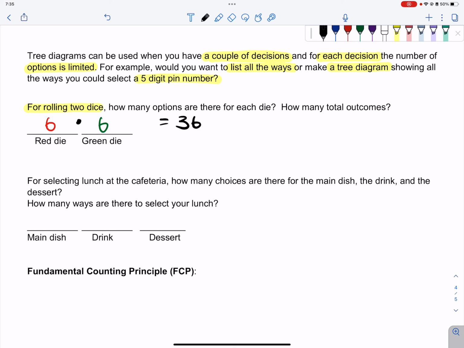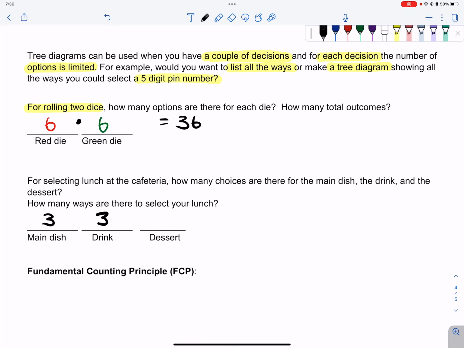Let's also take a look at our lunch menu experiment that we had in the last video. For the first main dish, we had 3 different choices to choose from: the hot dog, burger, or pizza. The drink also had 3 different options. We had to choose between milk, soda, or water.